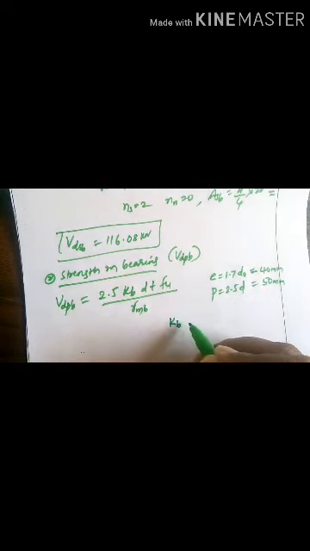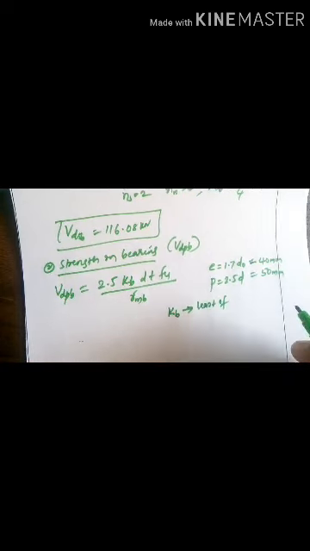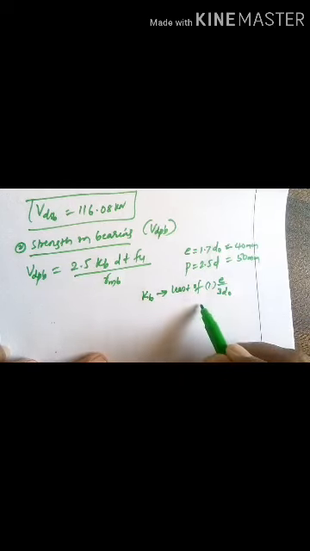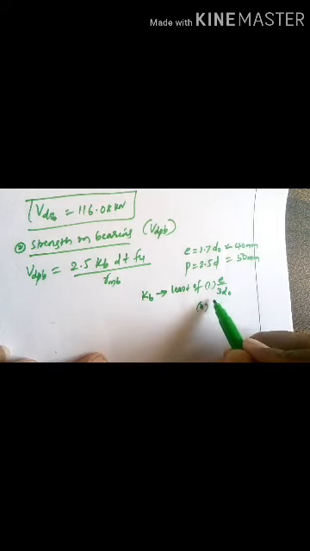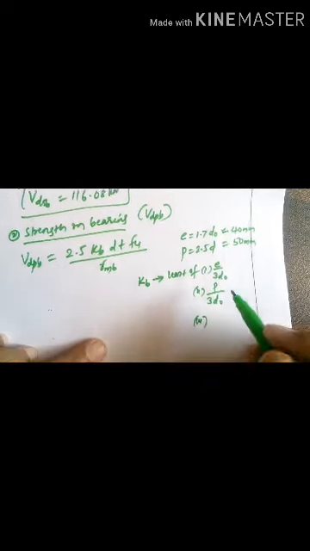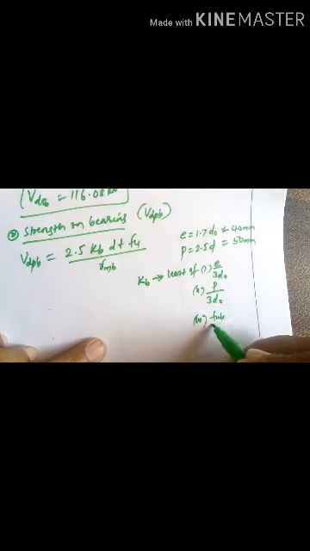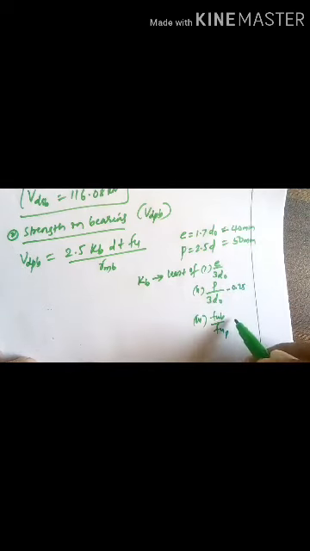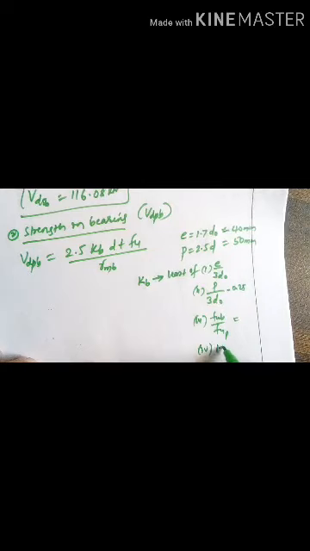You know how to calculate the kb value. kb is the least of these three: e divided by 3 d0, second p by 3 d0 minus 0.25, third fub by fu, and the fourth one is 1.